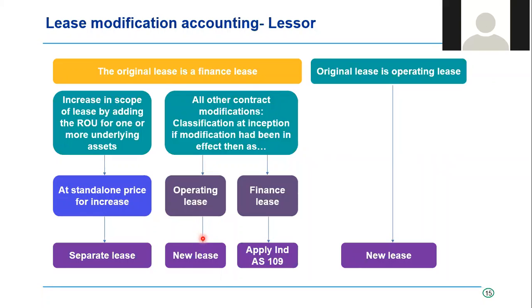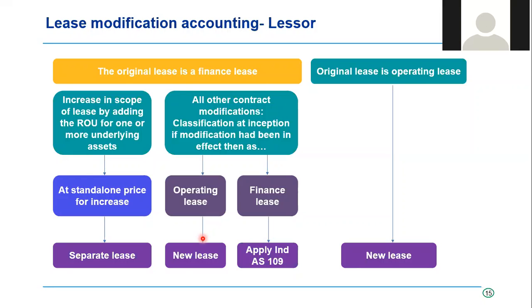So what you would do is you would de-recognize the finance lease receivable and recognize a property, plant and equipment or an investment property back in the books of accounts. Because you are saying it's no longer a finance lease, I now have an operating lease.